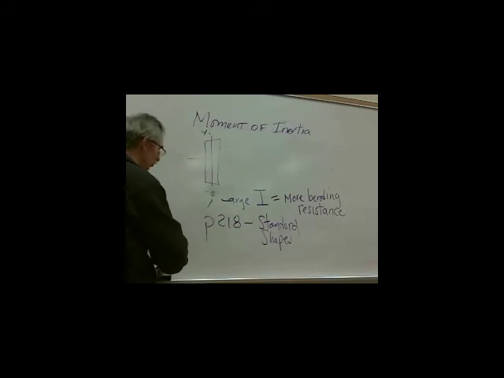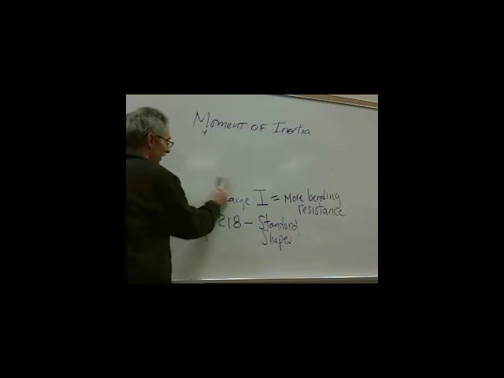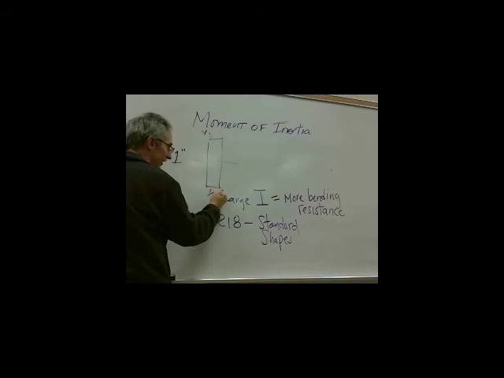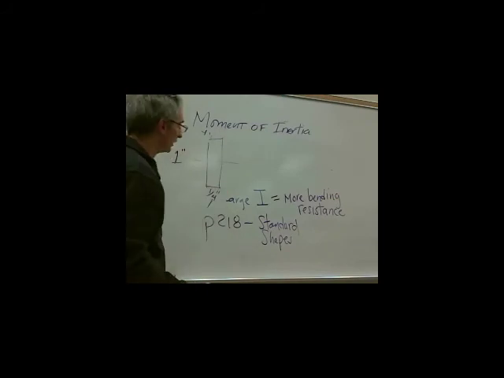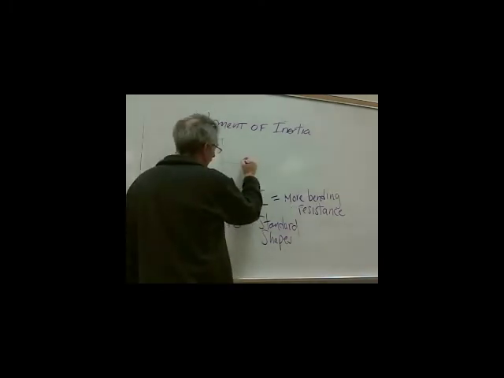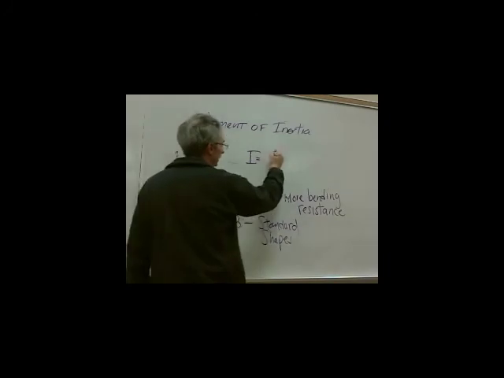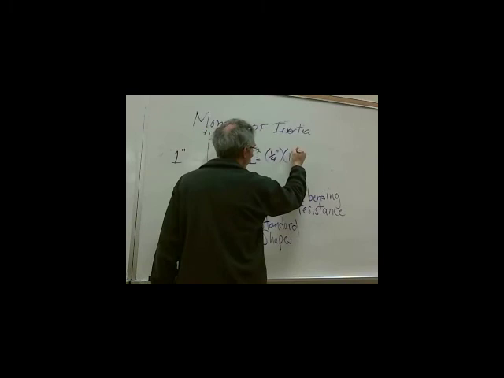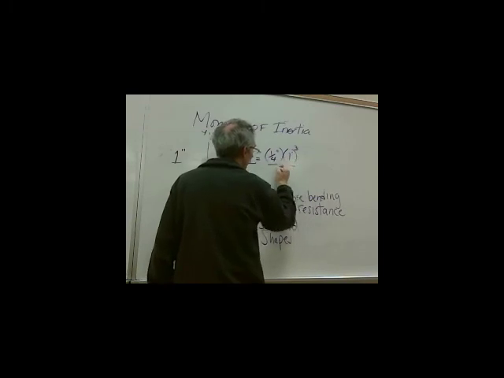It was very strong when I tried to bend it about this axis. Okay, so let's say it was 1 inch overall measurement here and a 1/4 inch width. By our standard shape formula, my moment of inertia would be base 1/4 inch times 1 inch cubed divided by 12.